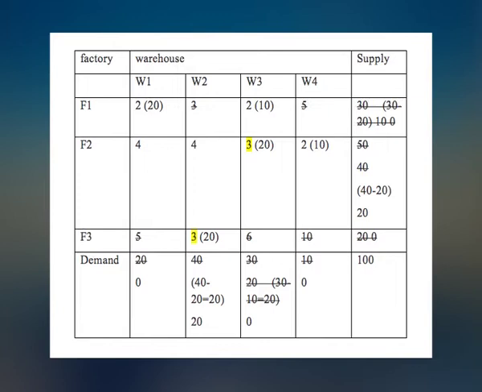The supply row value will be 40 minus 20, that is 20. Now, in cell corresponding to F3W2, we will assign 20 after comparing demand and supply, which is lesser. The supply row value will be 0 and demand will be 40 minus 20, that is 20.